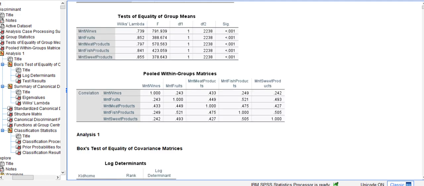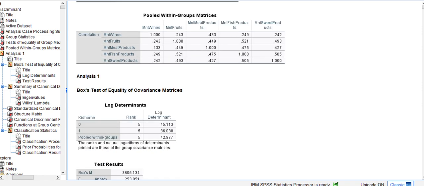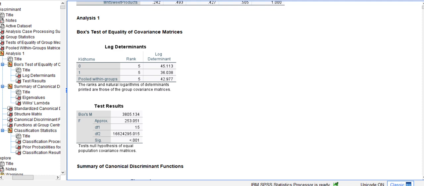In the tests of equality of group means, all of the variables show significance, so none have to be removed. In the pooled within groups matrices, none of the variables are showing the exact same number, so that's a good thing. In the log determinants, the rank is equal between groups.